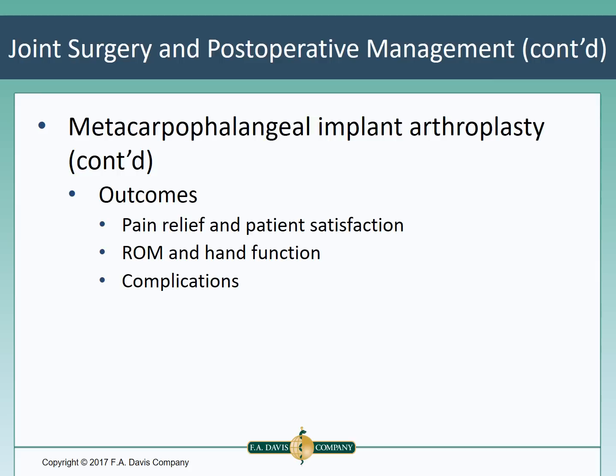If the problem was hypomobility, maybe I'm saying yes, I want a little bit there. And the hand function is priority. And then complications, just like with everything else, you got to watch out for infection or moving them too fast and the prosthesis failing, or you loosening up the cementation process a little bit more. So just watch out for those.